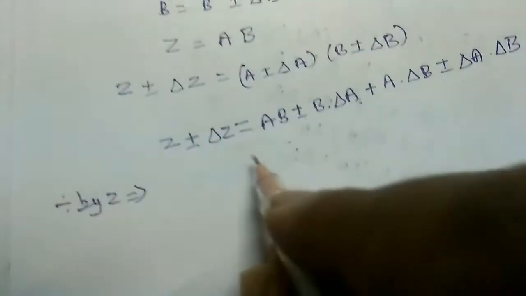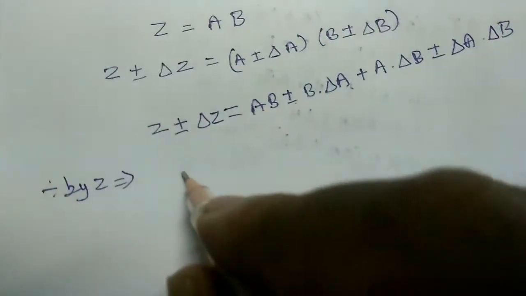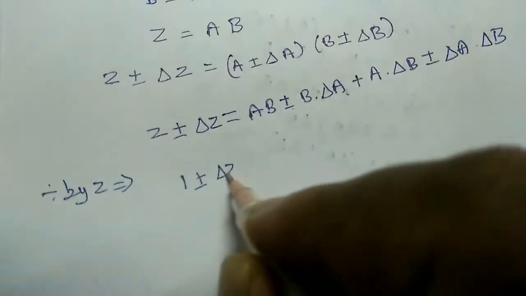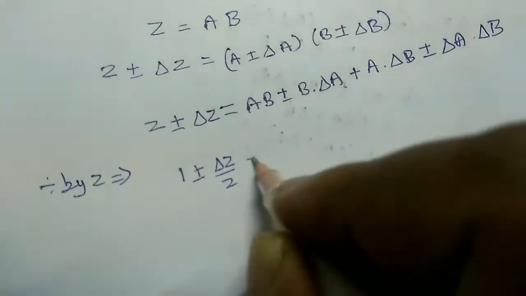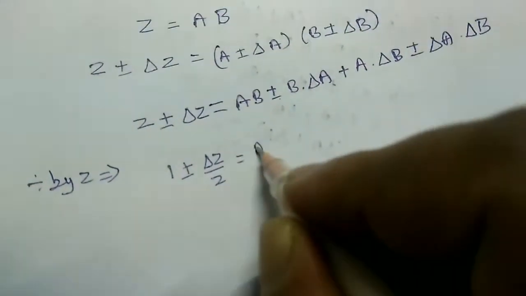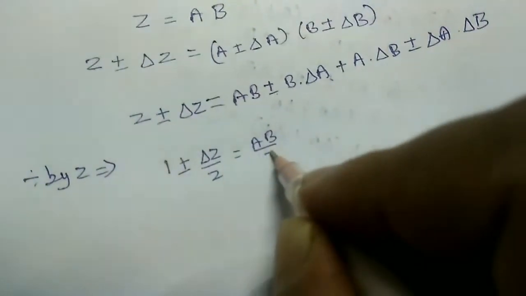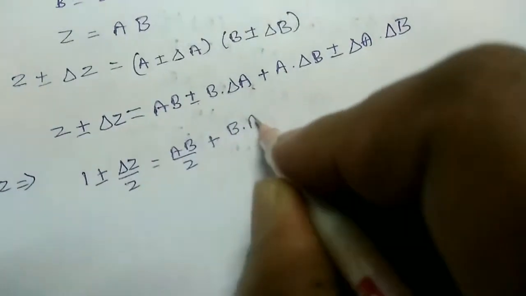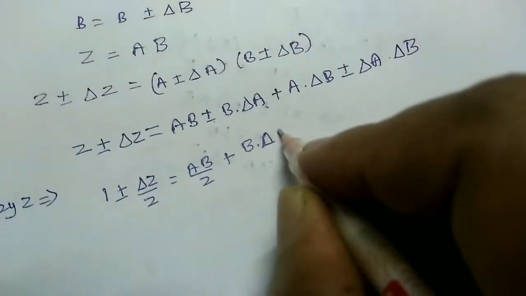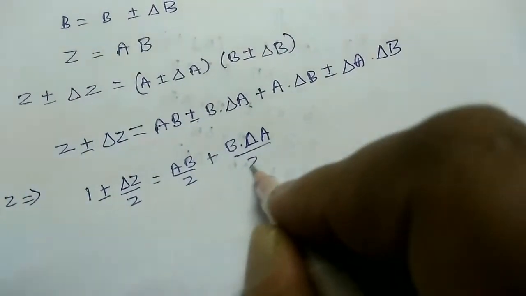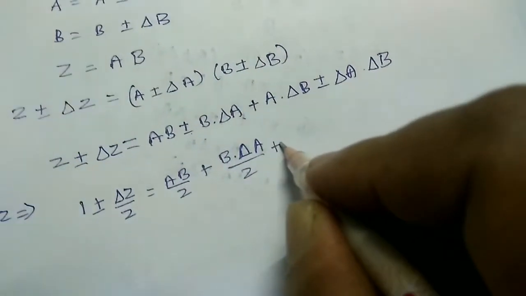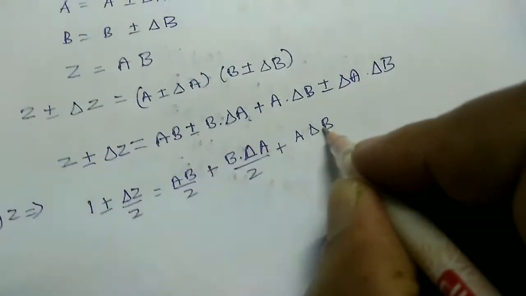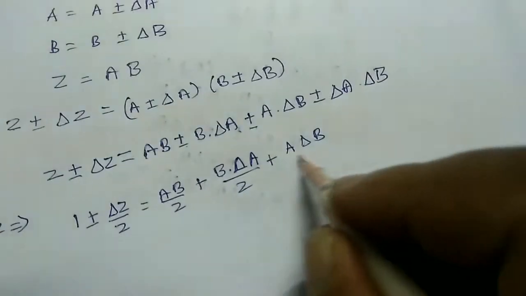Now divide both sides by Z. The first term gets cancelled and you get 1. And then the second term del Z by Z. And the third term AB by Z, and you subsequently divide all the terms by Z. Here also plus or minus will come.